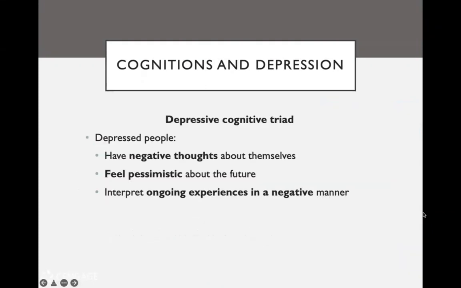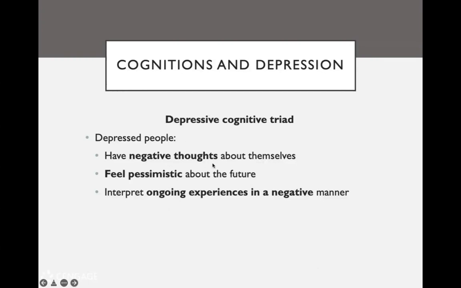If you look at cognition and depression, you'll see that the depressive cognitive triad can also be explained through the cognitive framework. Depressed people have negative thoughts about themselves. They feel pessimistic about the future and they interpret ongoing experiences in a negative manner. It's called a triad because it has these three elements.